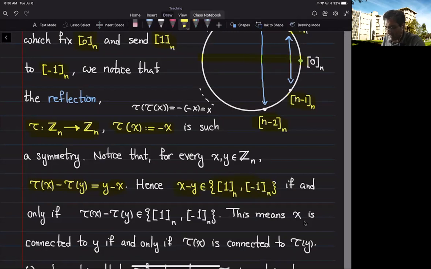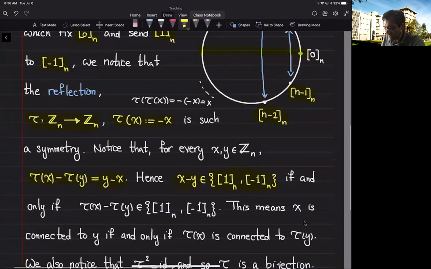So this means if y minus x belongs to this set, then tau of x minus tau of y belongs to this set. Okay, if x minus y belongs to this set, then negative of that, which is y minus x, is also inside this set. That means tau of x minus tau of y belongs to this set, and vice versa. That means this difference is inside this set precisely when tau of x minus tau of y is inside this set.